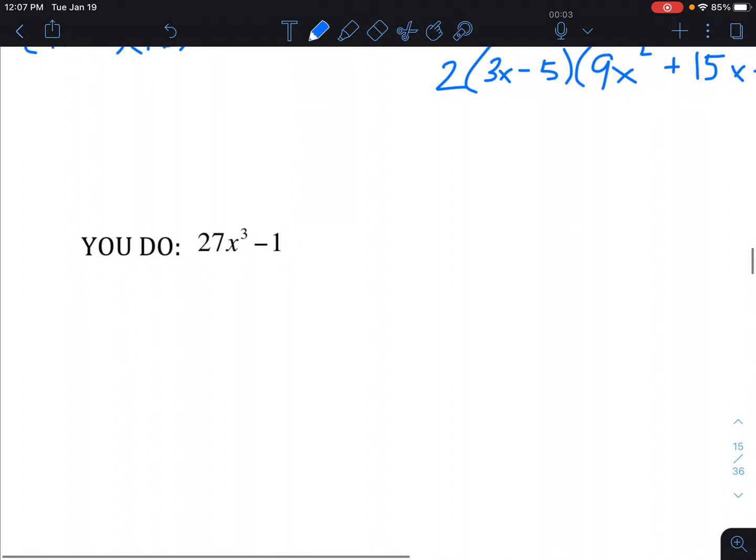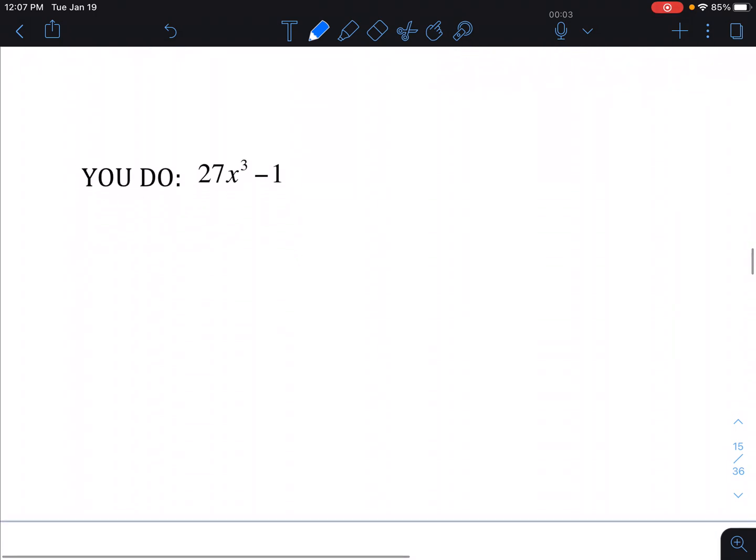Okay, try this one on your own. Okay, so a here should be 3x. A is 3x, b is 1.